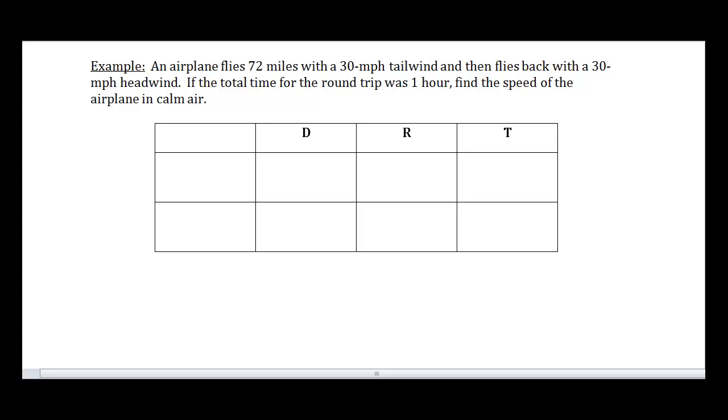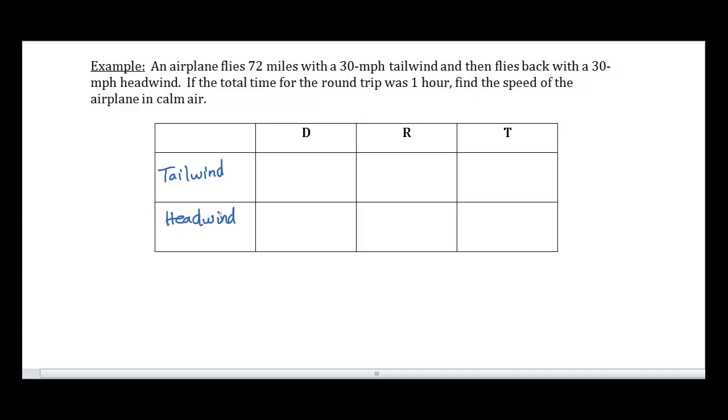All right, this situation is almost identical to the situation with the kayak going upstream and downstream. But this time, instead of upstream and downstream, we have a tailwind and a headwind. And so we're going to need to know the difference between the two.